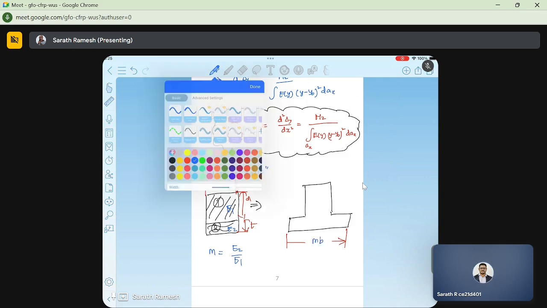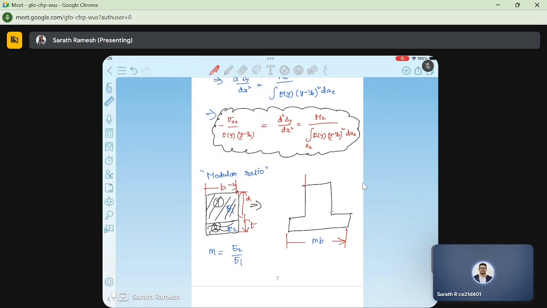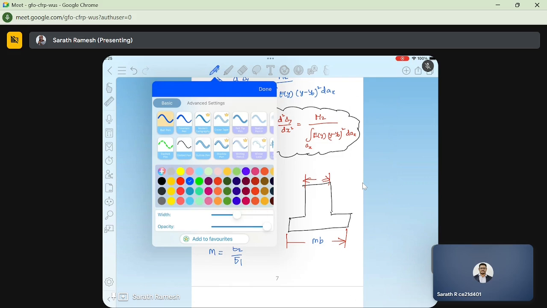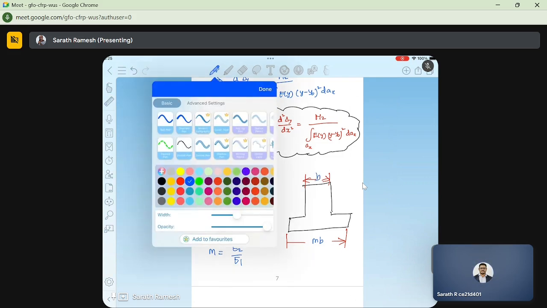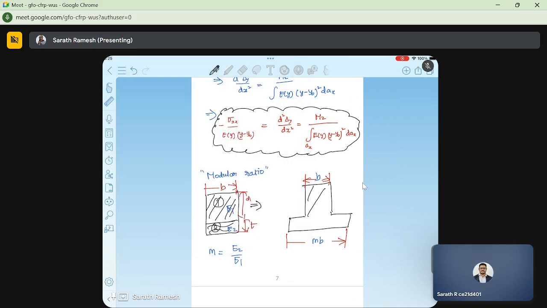Okay, so this we call the transformed section. So this will be the equivalent section. Now it is of the same material, all are material 1, right?